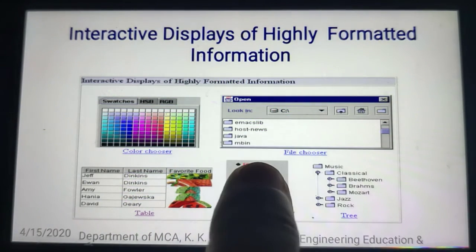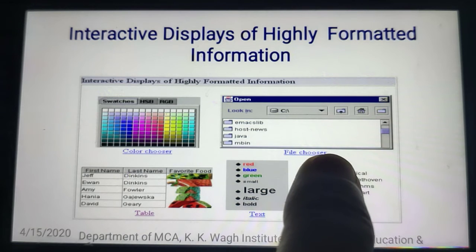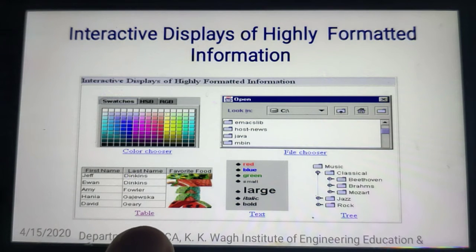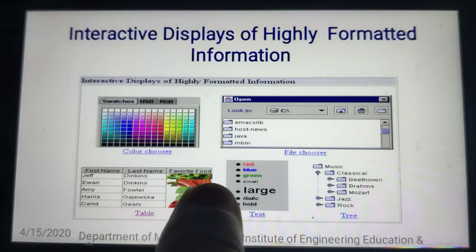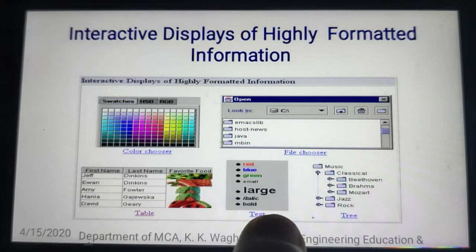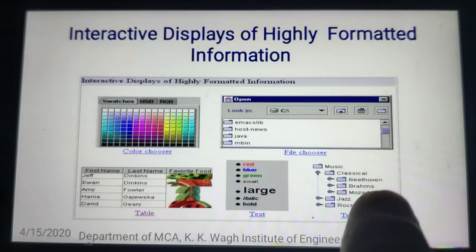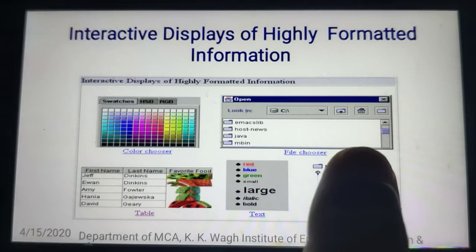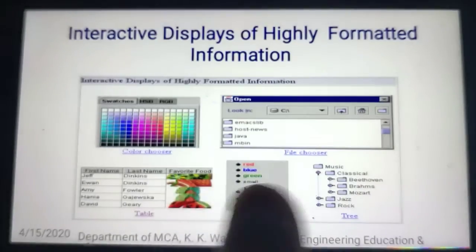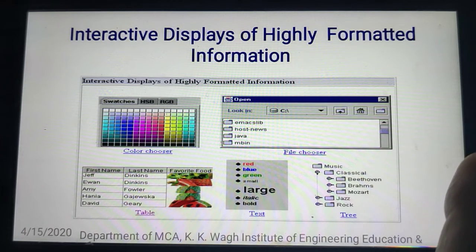We may display the information in file format, using a file chooser, or in tabular format. I may use the interactive display of information. Some textual format I can represent in different styles. Text can be represented in a different style, or if I want to represent the information in a tree structure, I can use that or display that also. Those are the interactive display ways we get in Swing.